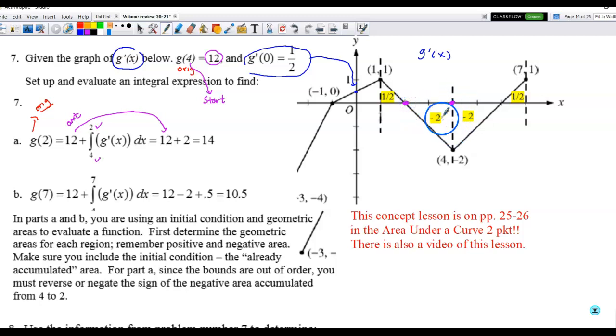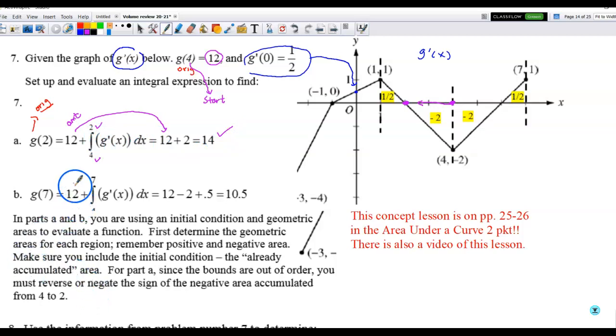Now I've already calculated my areas. I know that that area is negative, but I'm going from right to left, so I'm counting that area as a positive. So instead of rewriting the integral and reversing the bounds, I'm just negating my area, and so the y value on the original function at 2 is equal to 14.